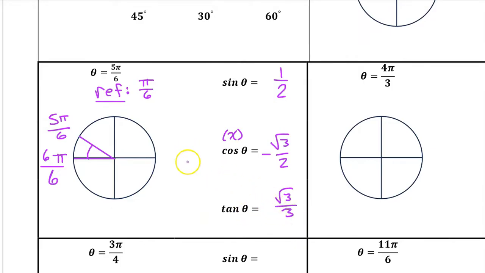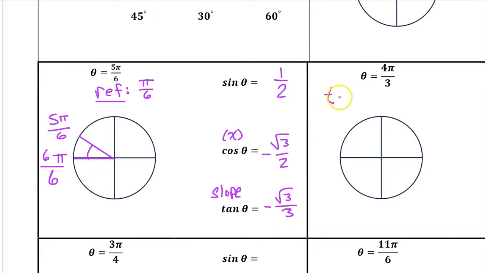It's just that the tangent of 5 pi over 6 might be negative. Just remember that tangent theta is the slope of the terminal side. So this segment has a negative slope. See how it's going downhill? That means that tangent will be negative radical 3 over 3.